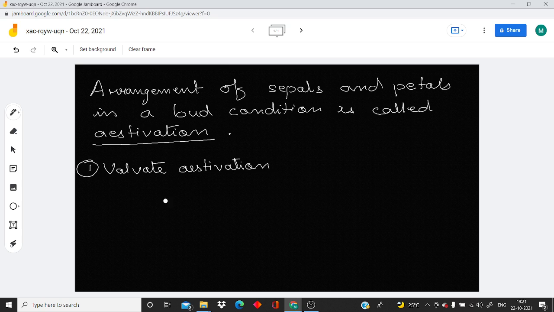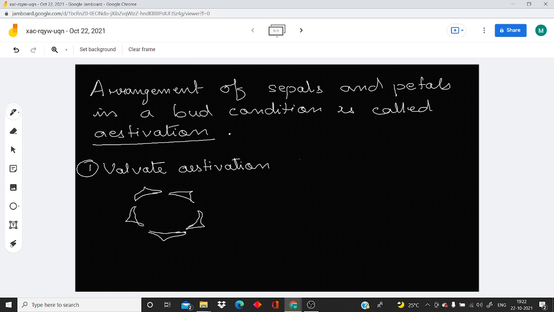Now under the valvate estivation, all the petals and sepals will be arranged like this. Suppose on the thalamus, they will be all arranged like this. Suppose this is a sepal. Sepal is drawn like this, a little pointed. All the sepals, they are free.